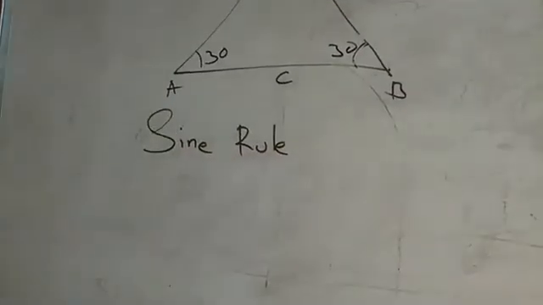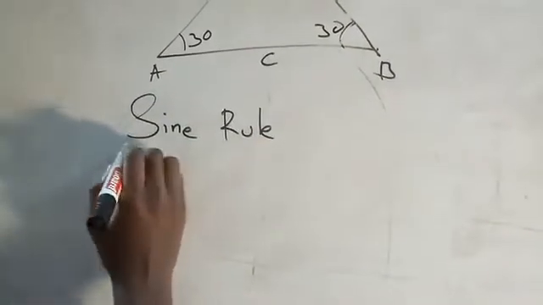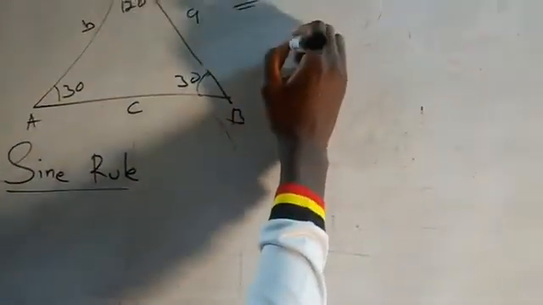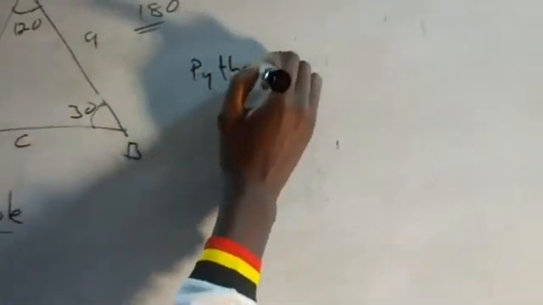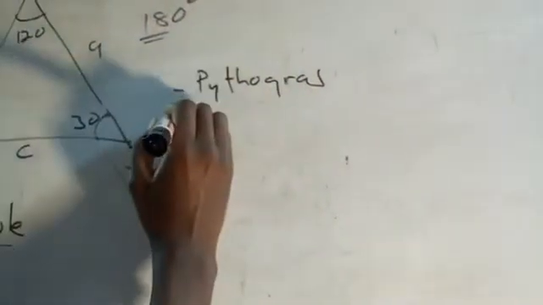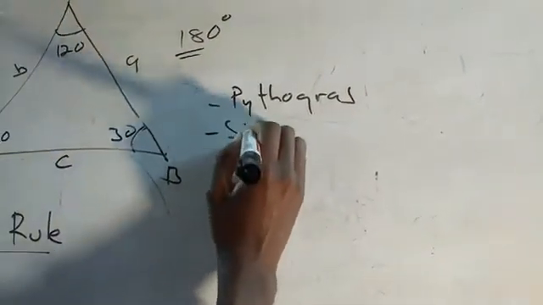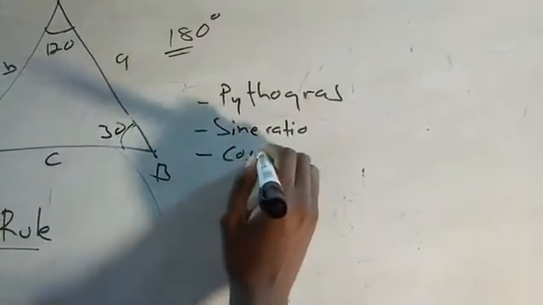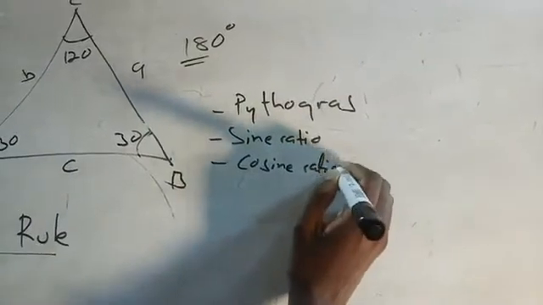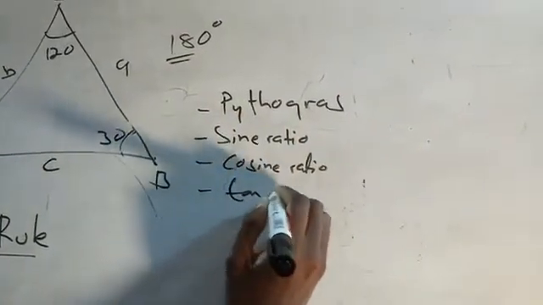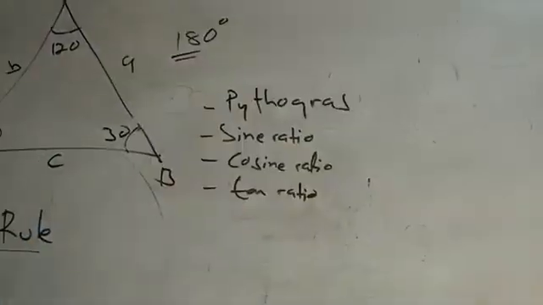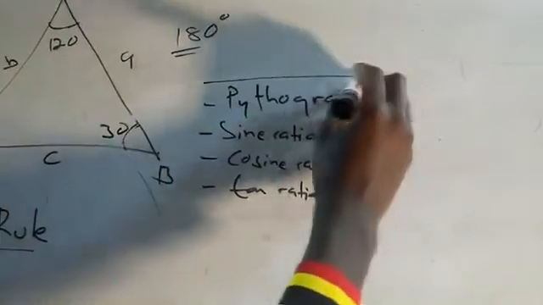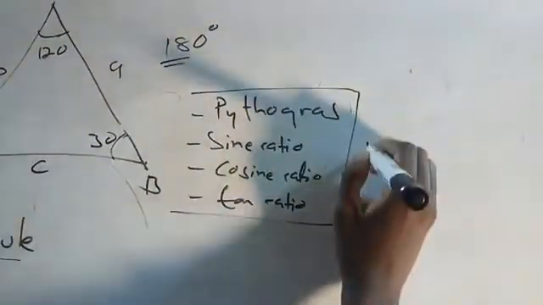So in a non-right angled triangle, the sine ratio, cosine ratio, and also tan ratio won't work in a non-right angle. These ones deal only in right angled triangles.